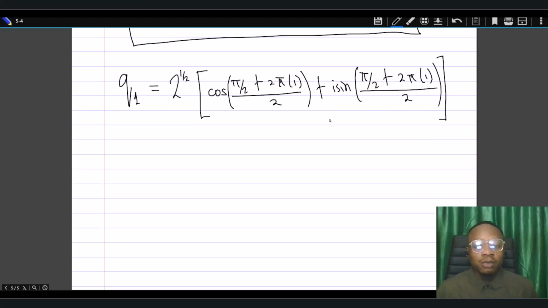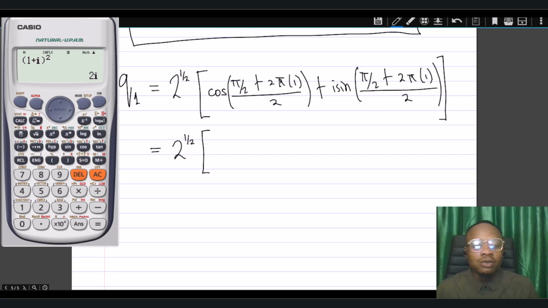So what do we get from here? This is going to give us 2 to the power of 1 over 2 into the cosine of this, that is cosine of pi over 2 plus 2 pi. So let's just enter that with our calculator directly. We have this fraction, then shift pi, 2, then plus 2 pi, so we have plus and 2, and then pi.